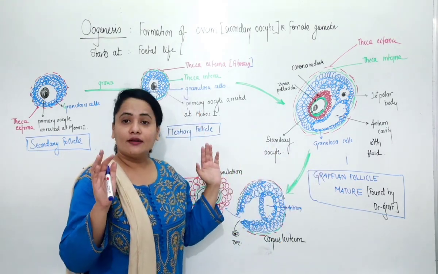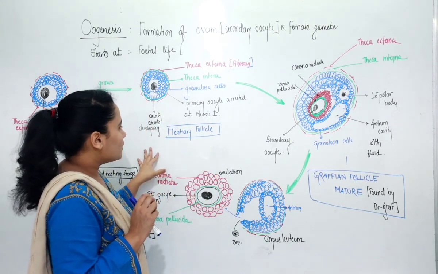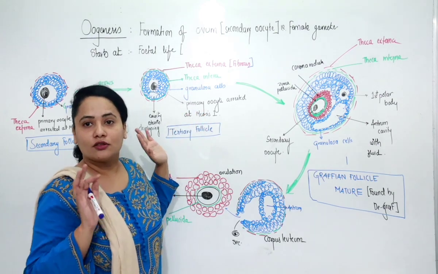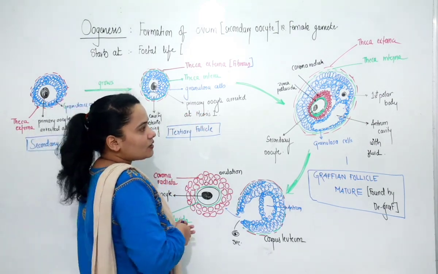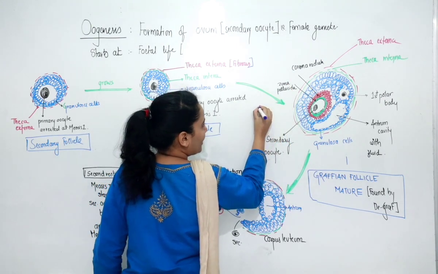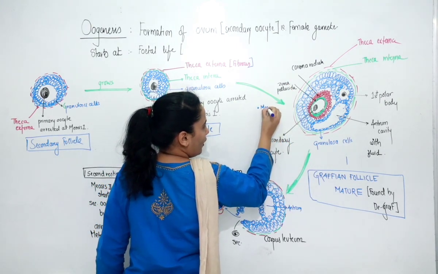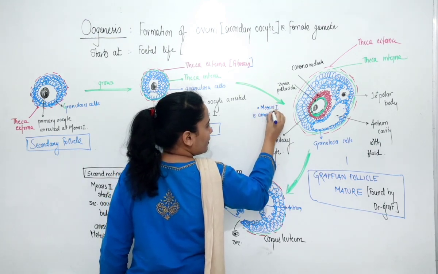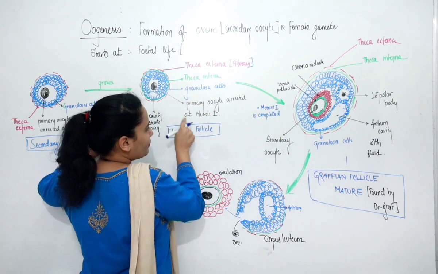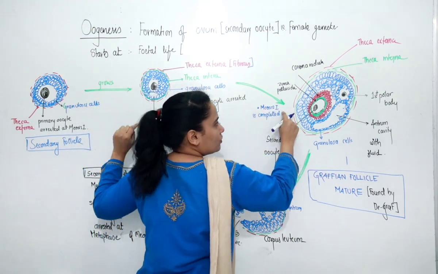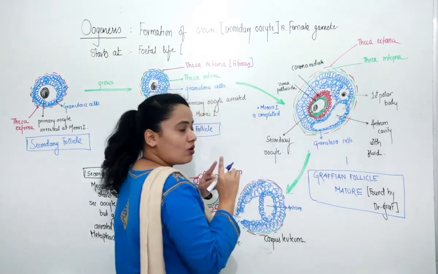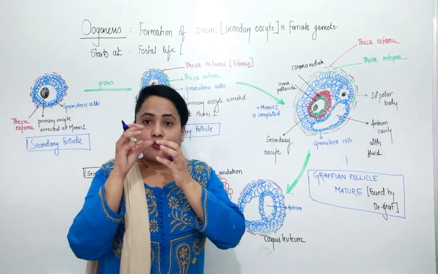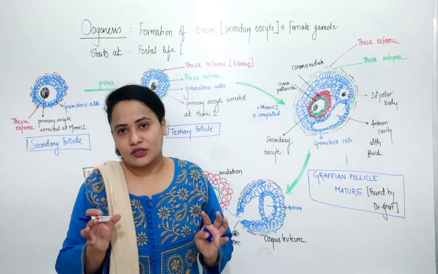So what is exactly Graafian follicle? Now here we have seen that in this tertiary follicle, primary oocyte is arrested still at meiosis 1. But here in this Graafian follicle, you have to remember that meiosis 1 is completed. Means what? The first resting stage is completed by this primary oocyte, right? So this primary oocyte divides into two unequal cells. Okay, meiosis 1 is getting completed, but it produces two cells of unequal size, right?